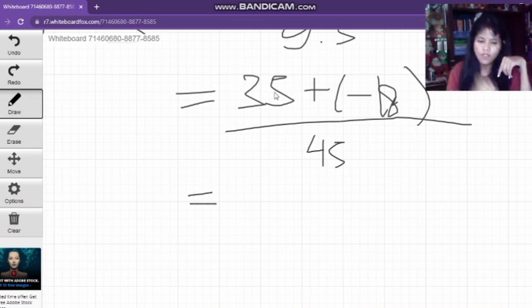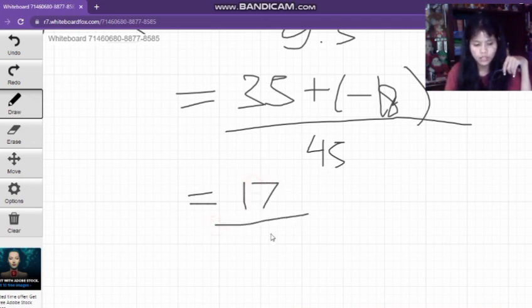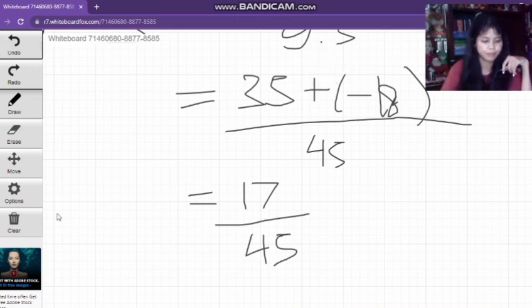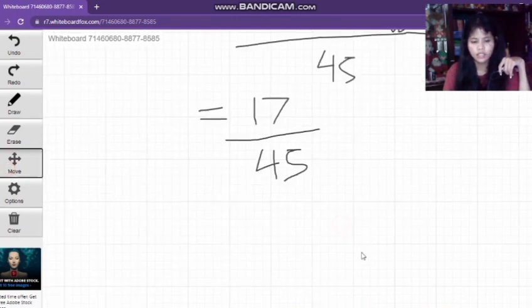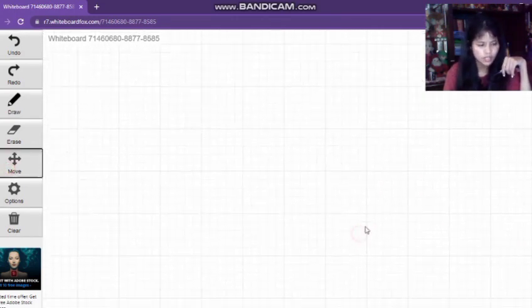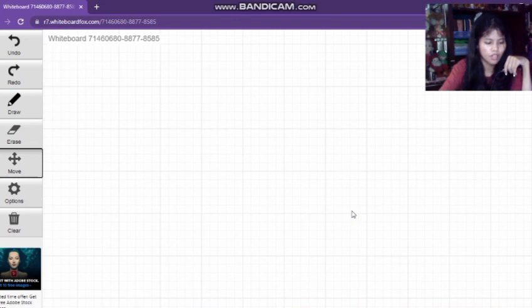So 35 plus minus 18 equals 17 over 45. So this has changed into minus. So that's all about the subtraction of rational numbers.